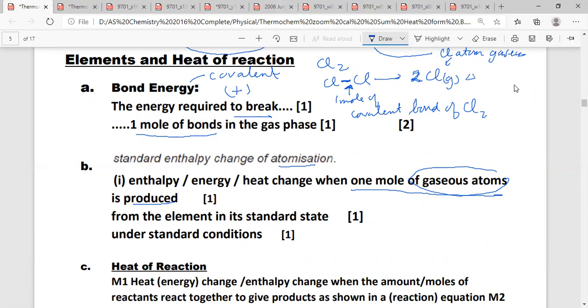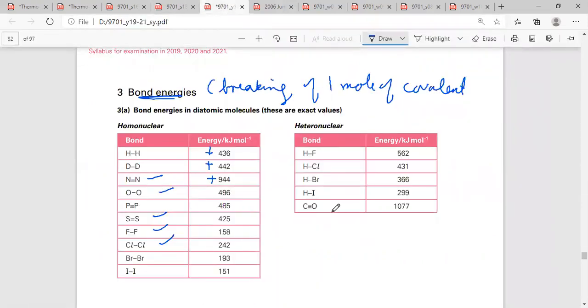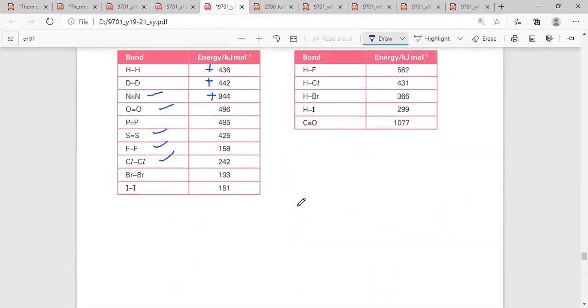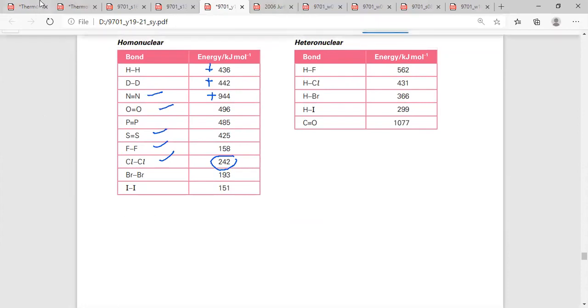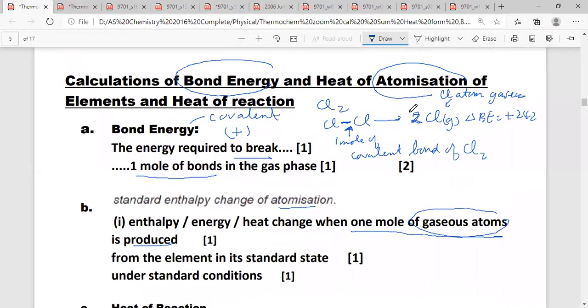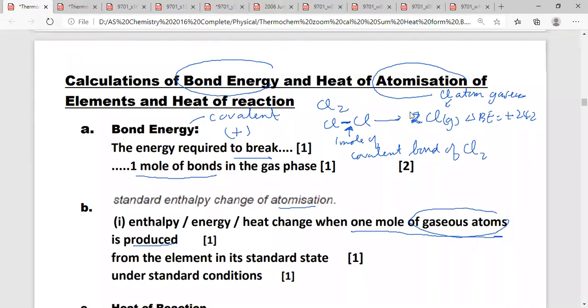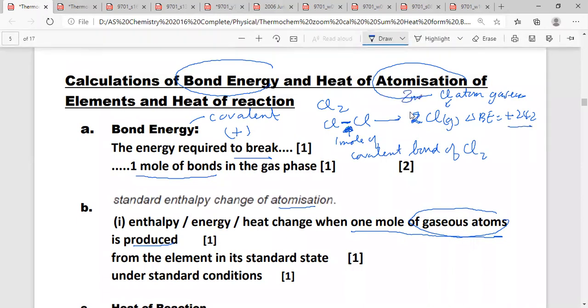The delta H, the bond energy, is equal to positive 242. Sometimes it's 244. As long as you follow what they give you. Normally the data booklet is 242. So to break 1 mole of your covalent bonds, you require 242, and it forms 2 moles of product.